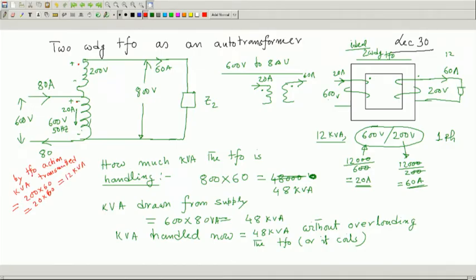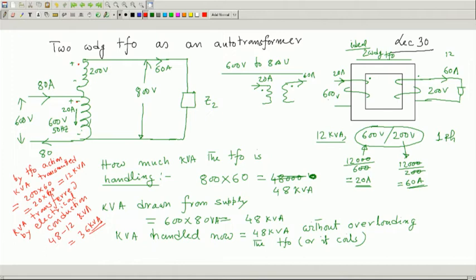In fact, by transformer action it cannot do anything better, 12 kVA only. And then I will say 48 kVA is total transferred. So, I will say kVA transferred by electrical conduction must be 48 minus 12, that is equal to 36 kVA.